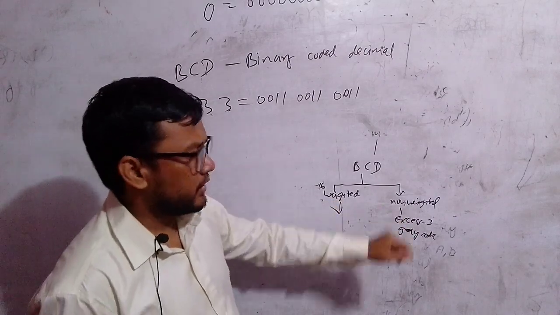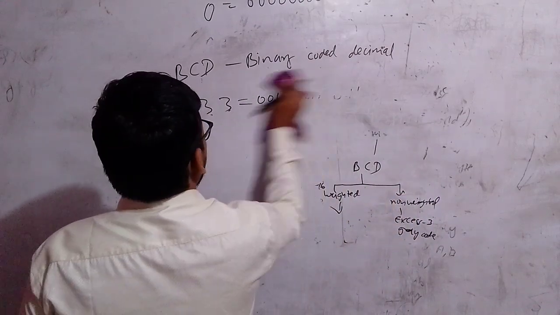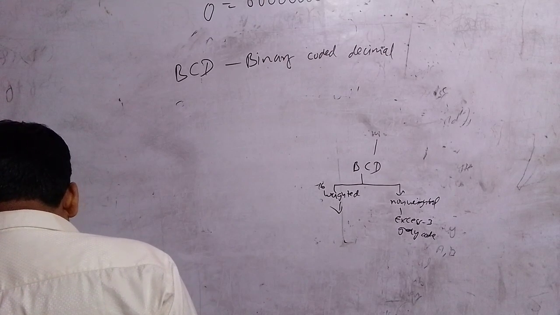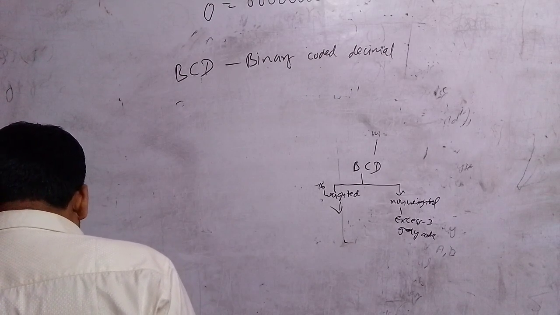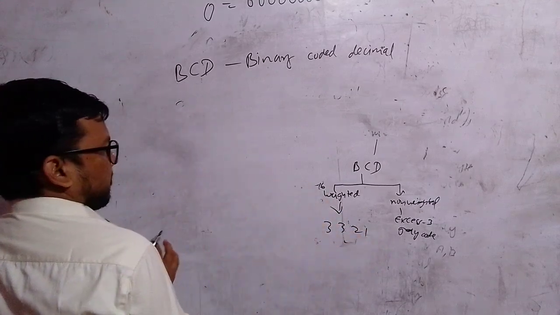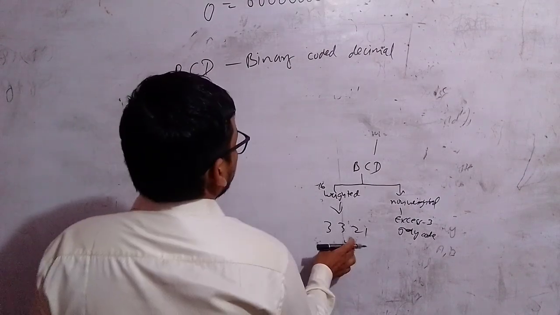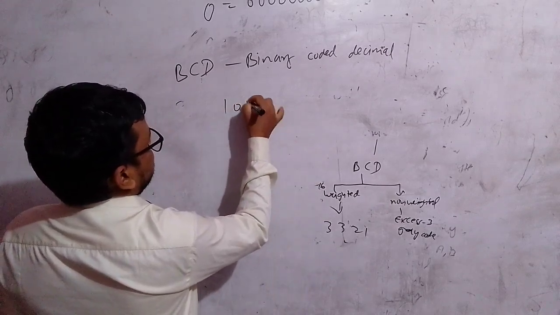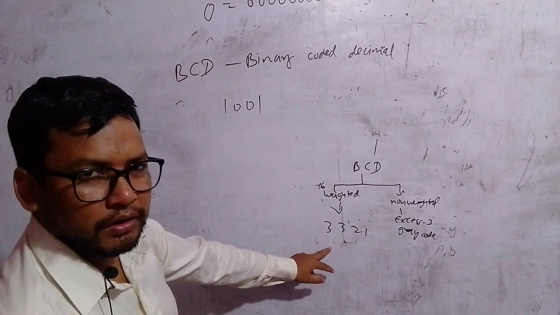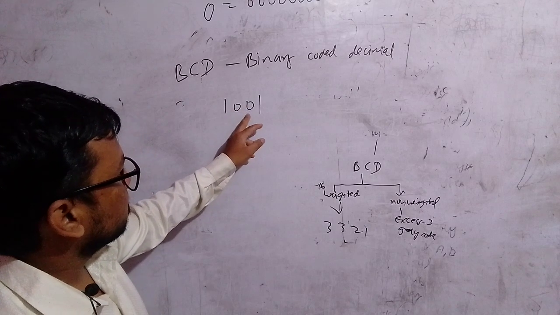Now again there are weighted and non-weighted formats. Weighted means, suppose we have 3321, in this format. And suppose 1001 is given. This means 9 in decimal, 9 is represented as 1001.